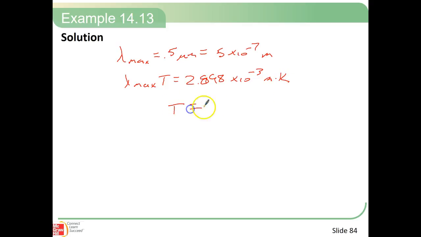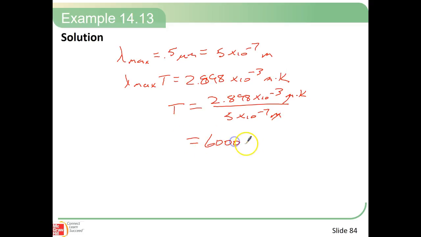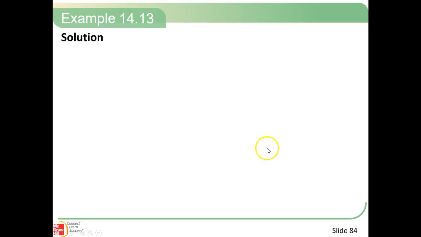And so our temperature on the surface of the sun is theorized to be 2.898 times 10 to the negative third divided by that lambda max, sorry, it's not alpha, it's lambda, and that's 5 times 10 to the negative 7th meters. This is meters times Kelvin, so your meters cross off, and the temperature is 6,000 Kelvin. So that's kind of what you'll see for the surface temperature of the sun.